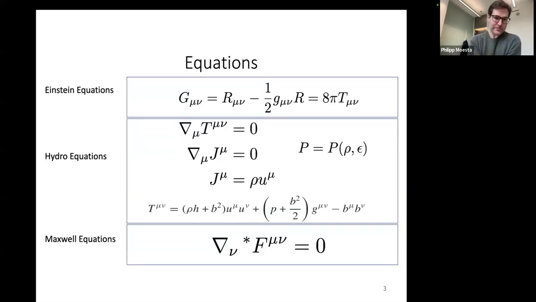I think you already had an introduction to numerical relativity yesterday morning. So the first part here, Einstein's equations, you should already be familiar with, and how to hopefully numerically solve them. What we're adding now is basically the equations of hydrodynamics, and this is what you're seeing in the second box here.